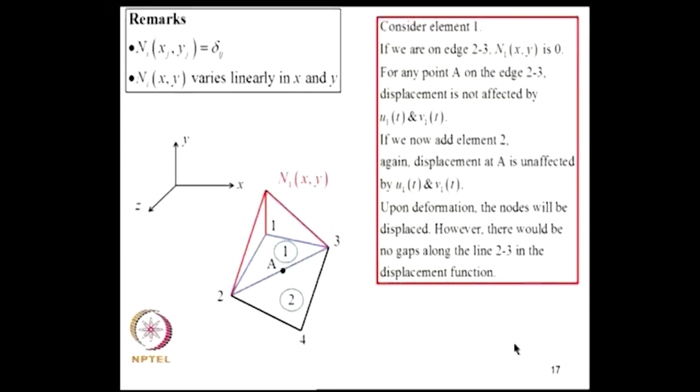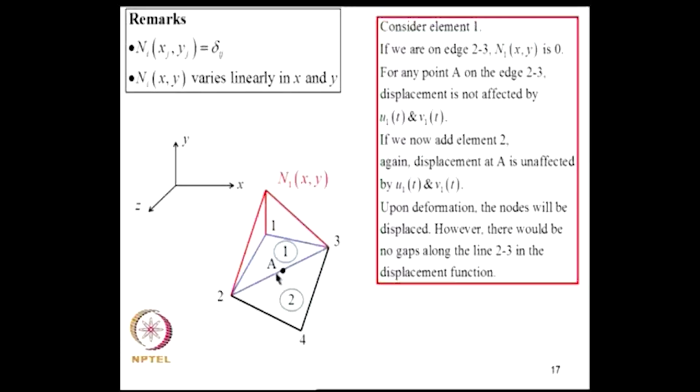Now, what is the implication of this? To understand that, we will consider an element marked as 1 with vertices 1, 2, 3 in some Cartesian coordinates x, y, z. I have shown here the shape function N1(x, y), which we have seen varies linearly. Let us consider a point A lying on the edge 2, 3.